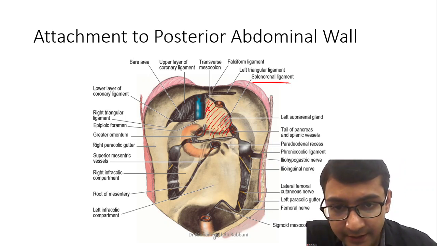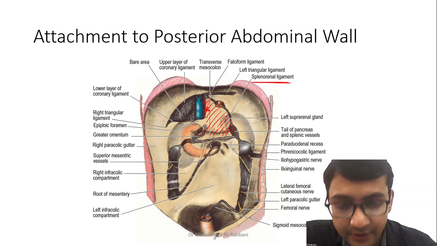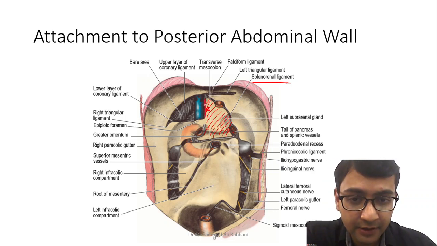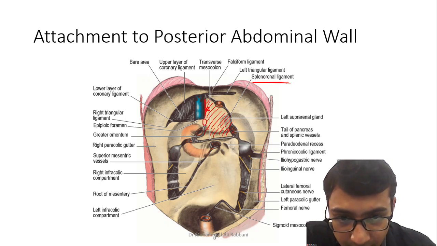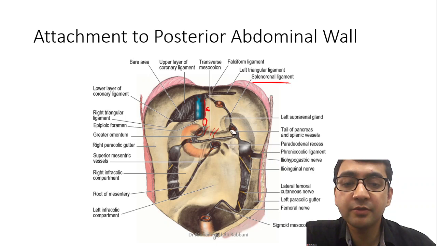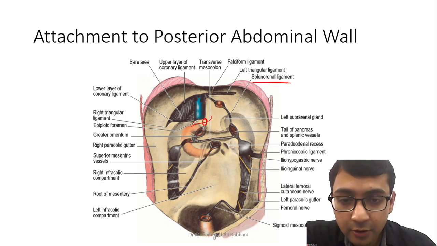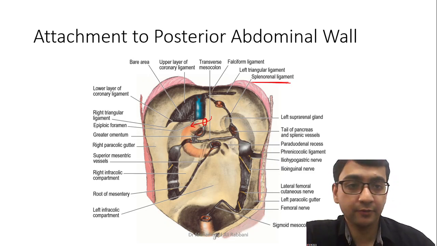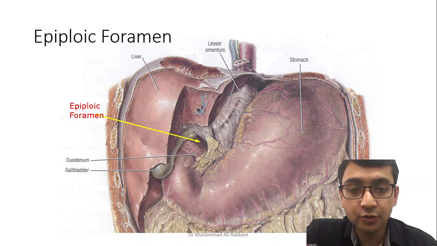On the right side, on the upper aspect, it is limited by the bare area of the liver and the inferior vena cava, but there is only one opening that allows communication between the lesser sac and greater sac. This opening is known as the epiploic foramen. So this is the opening.